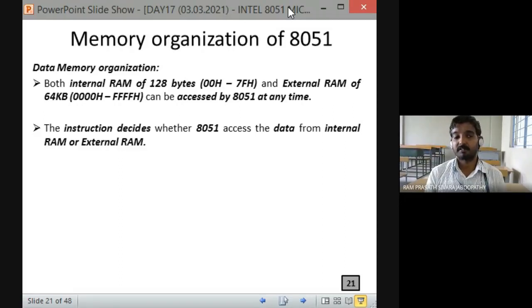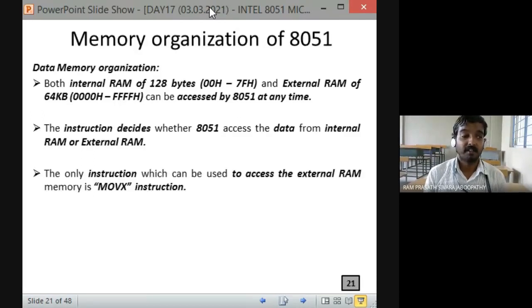Software is going to define. If program execution is internal, what should the EA bar pin do? Connect 5 volts. If it is from external ROM, EA bar should be 0. That means through hardware we configure whether the program executes from internal or external ROM. In the case of data memory, it is decided by the instruction. The programmer decides whether to use external or internal RAM.